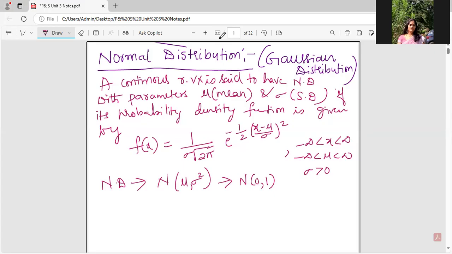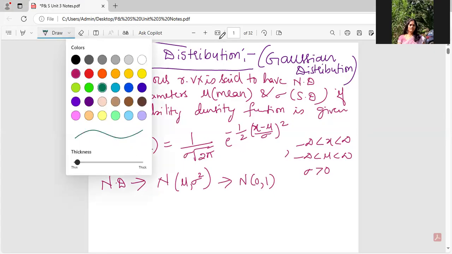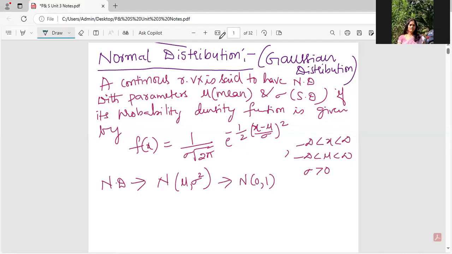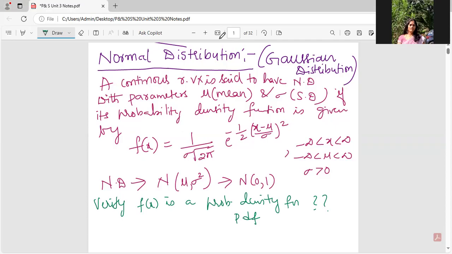How do I verify whether f of x is a probability density function or not? Verify f of x is a probability density function.